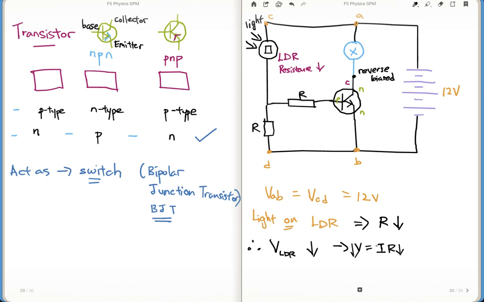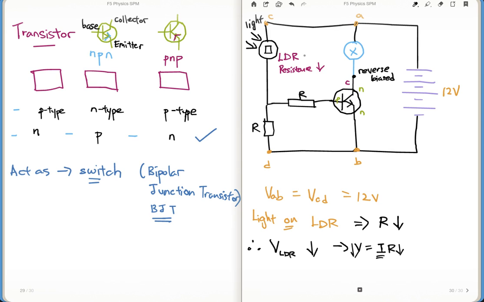Why is it so? This is series. There's only one way the electrons go into this pipe or this line. So the current will be constant. So here, when the resistance reduces, therefore the voltage across the LDR reduces. Now, bear in mind earlier we have 12 volts.